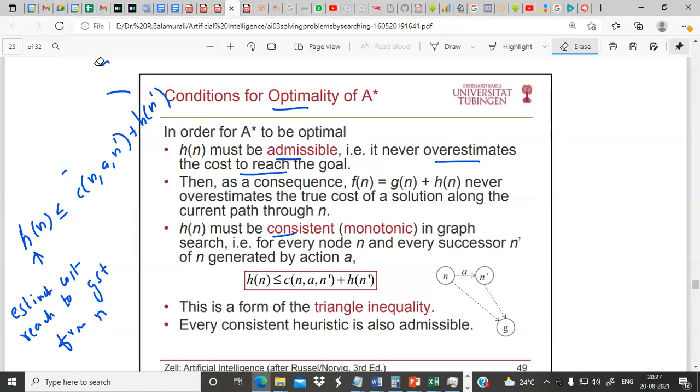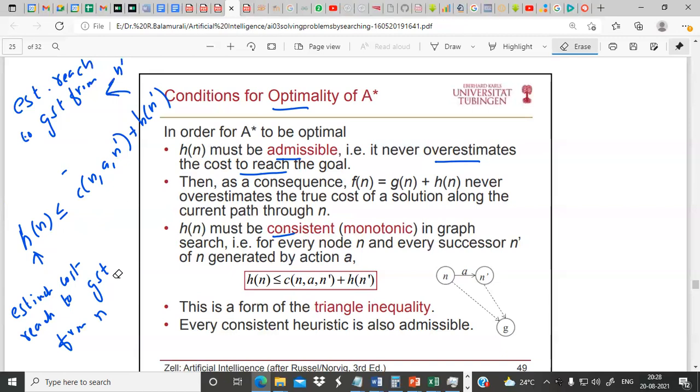So h of n dash is nothing but the estimated cost of reaching the goal state from n dash, so that's the only difference. But what is n dash? h of n is the cost of reaching the goal state from the state n, and h of n dash is the estimated cost of reaching the goal state from n dash.